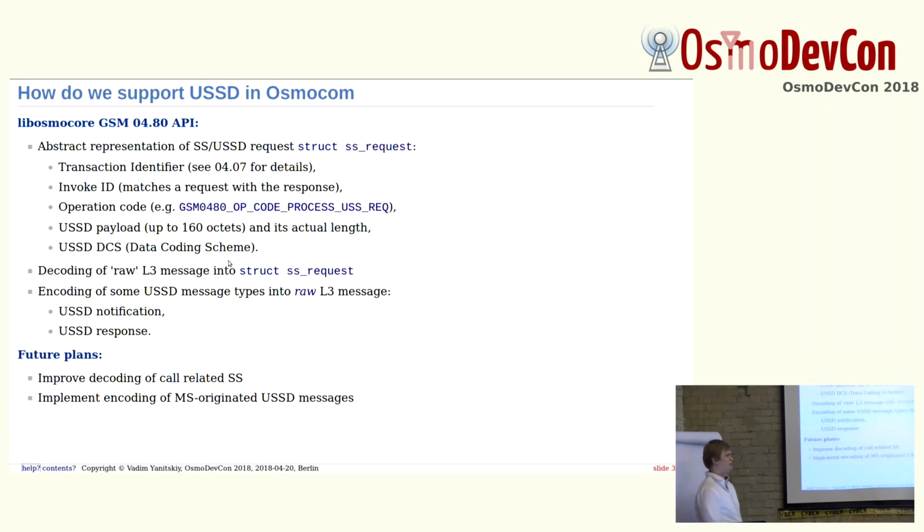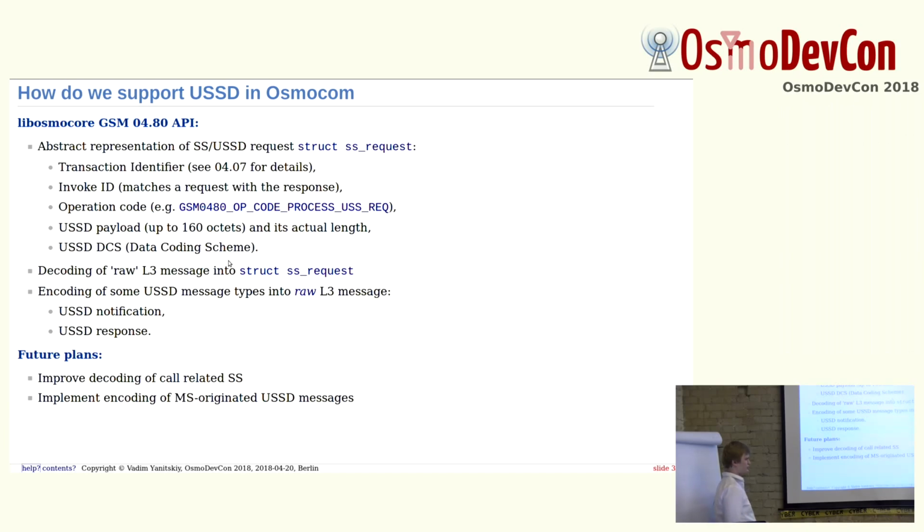And how do we support USSD in Osmocom? We have the libosmocore API, which was written by Holger, if I remember correctly. There is an abstract representation of USSD requests and responses. It has a transaction identifier, the invoke ID, which allows relating the response to the corresponding request.